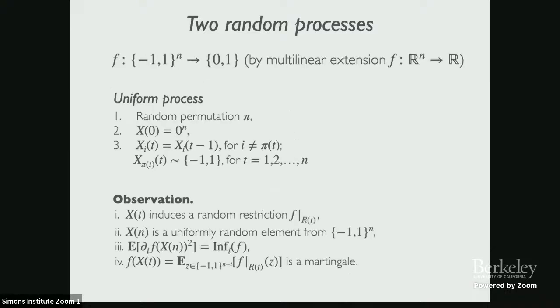What does f evaluated at xt mean, since xt is partial, isn't complete? Yeah. When we have not restricted an input bit, we put 0 there. So we have -1, 0, and 1. And we can evaluate it because we are going to treat it as a multilinear function. 0 is like a random bit. Yeah, I see. Okay.